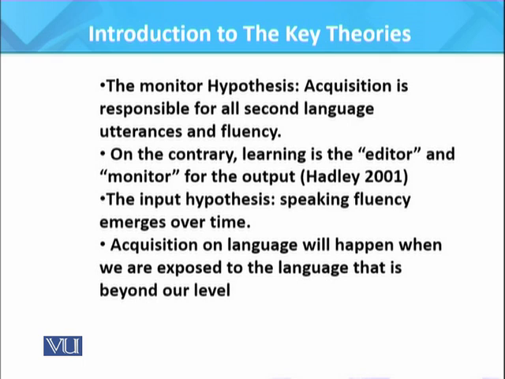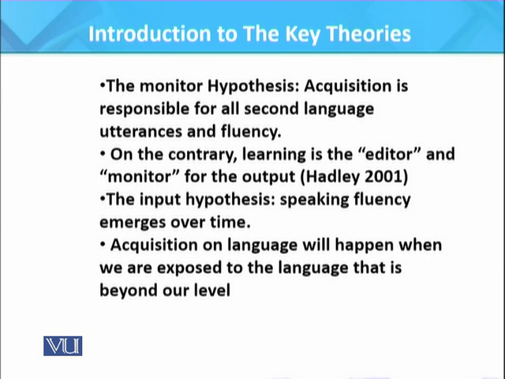So you see that acquisition is a process for acquiring, whereas the monitor or filtering hypothesis says that learning filters the information when that information is passed on or expressed. The input hypothesis says that speaking fluency emerges over time.